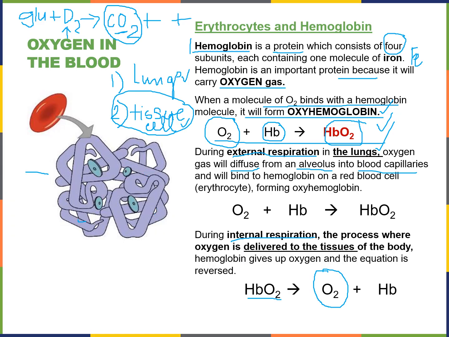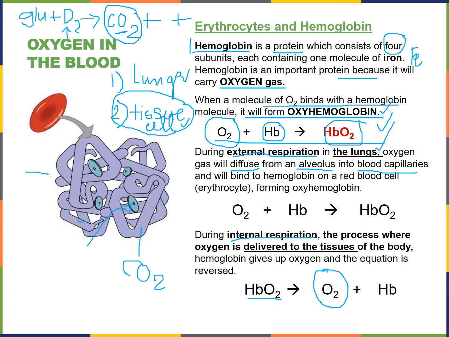So it does not compete for binding to this site. Carbon dioxide actually binds to a part of this protein, the globin protein. It does not bind to the iron. But the other gas, carbon monoxide, binds here.